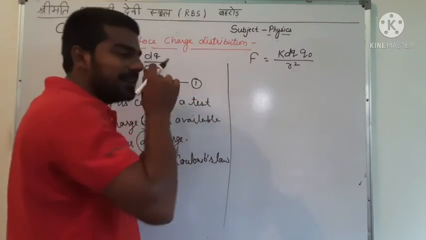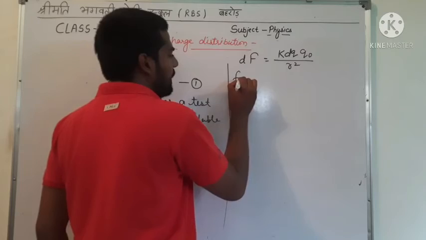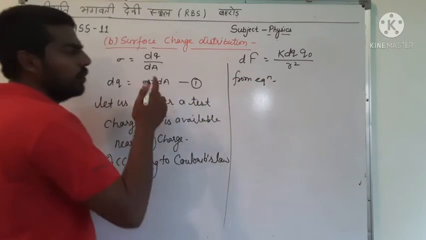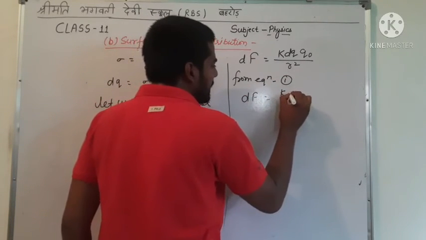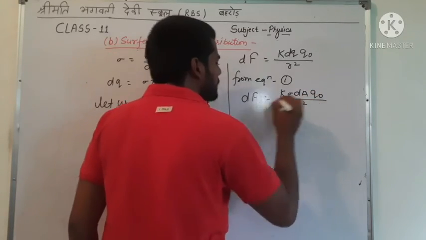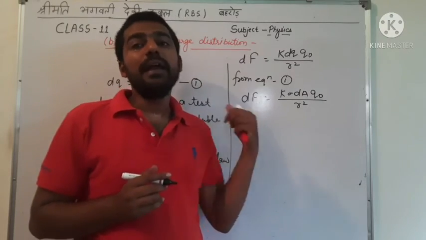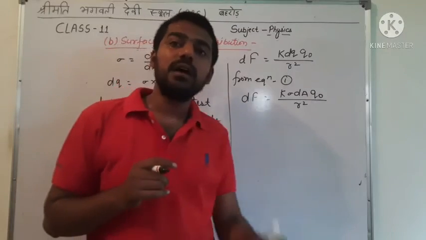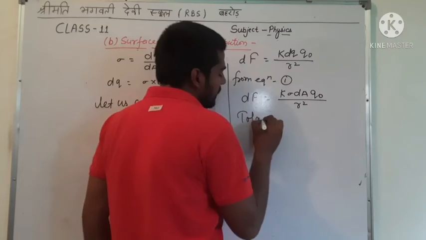Here the charge is small, so the force is also small. From equation first, dq is sigma into dA, then df equal to k sigma dA Q0 upon R square. This is the force applied at a small area.